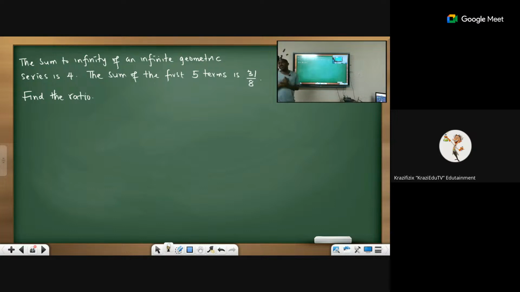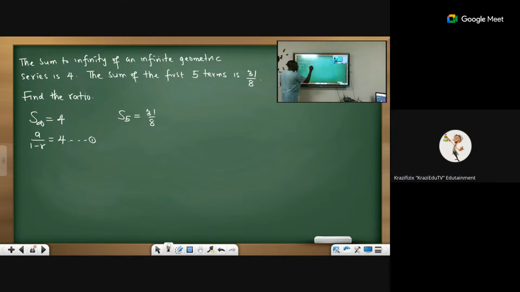Let's change it into maths. The sum to infinity, S infinity, is 4. What is the formula for S infinity? A over 1 minus R equals 4. Look, I have A and R, so I can call this equation 1. Then the examiner says the sum of the first 5 terms is 31/8.